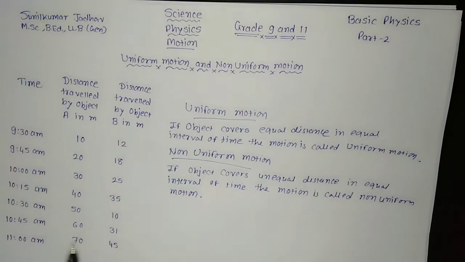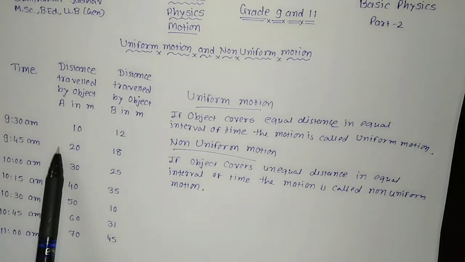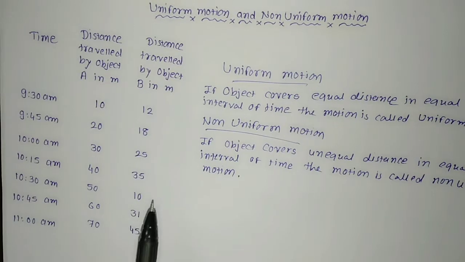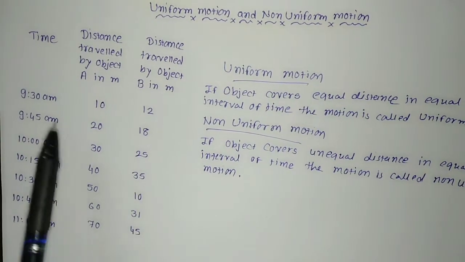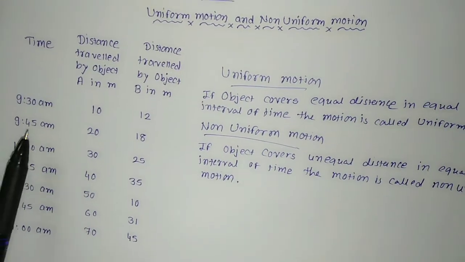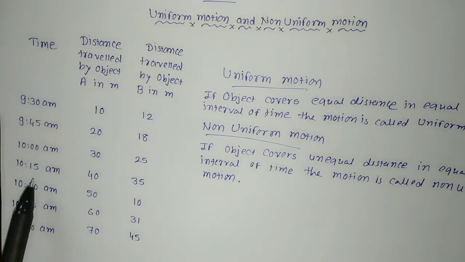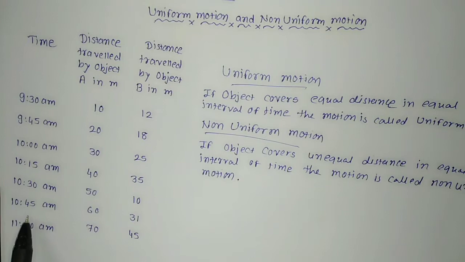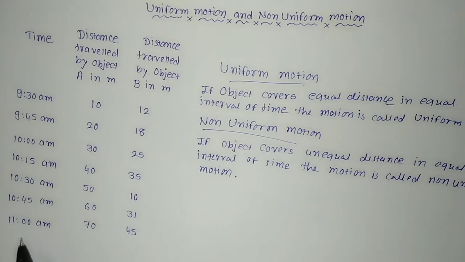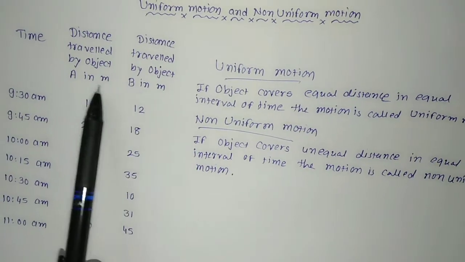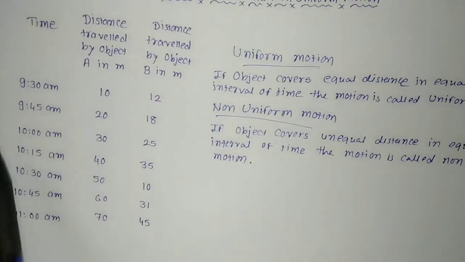Here is one example I have taken. You can see this table in which there are two types of motion, one uniform and another non-uniform. We'll try to understand it. Here the times are mentioned: 9:30 am, 9:45 am, 10 am, 10:15 am, 10:30 am, 10:45 am, 11 am. The distance traveled by object A and object B at these times is mentioned here.